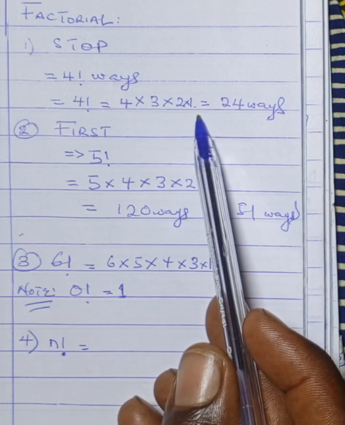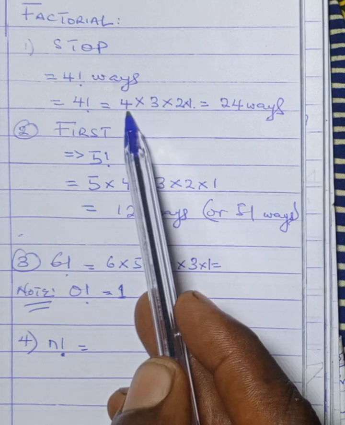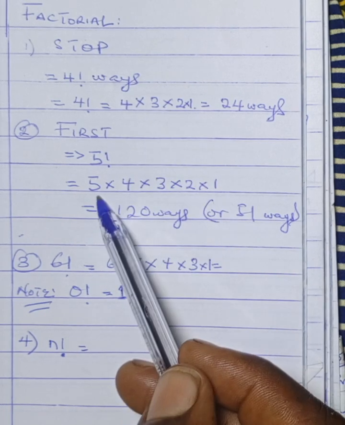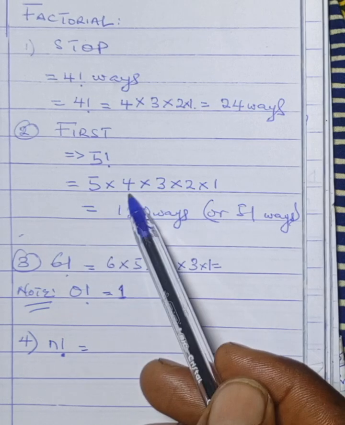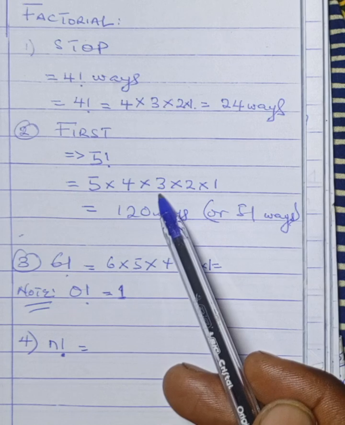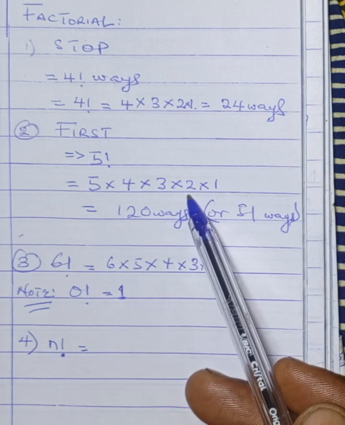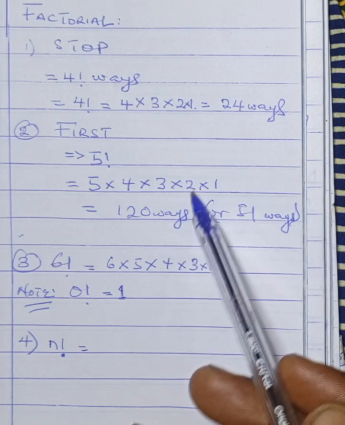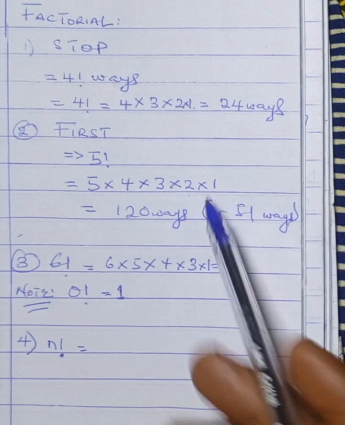We went in a decreasing manner, decreasing by 1 each time. Of course, we are saying 5, then 5 minus 1, 4, 5 minus 2, 3, 5 minus 3, 2, and then 5 minus 4, 1, like that.